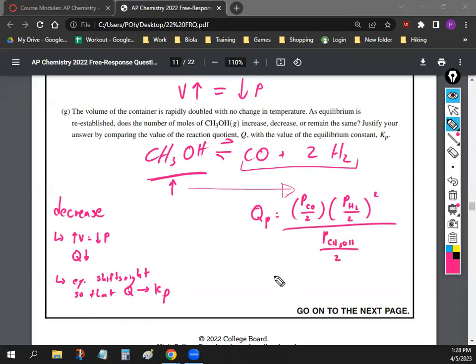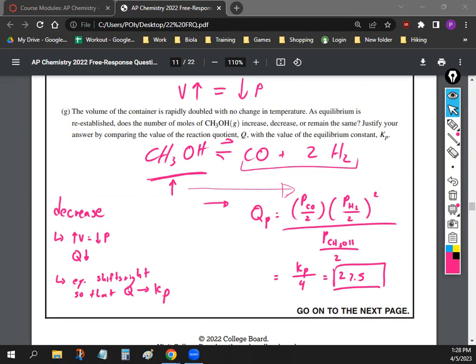And so if you solve this problem, Q is actually going to be KP divided by 4. So if your KP was 110, your Q is going to be 27.5. And since it's 27.5, you're going to shift towards the products in order to bring equilibrium back. So that's another way you can explain it. Either way works. I think most of you will probably use the first explanation.